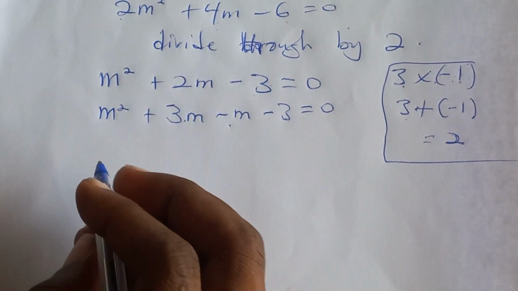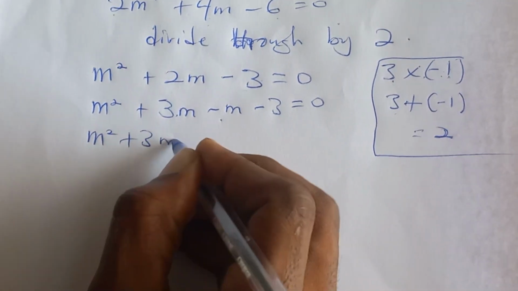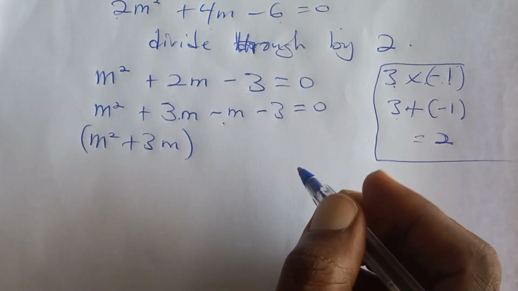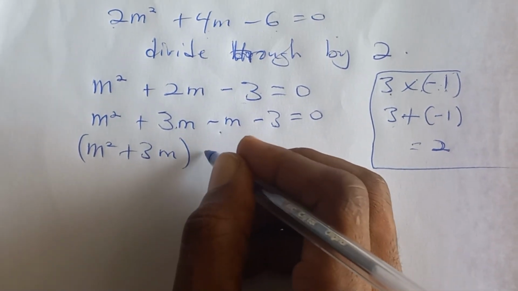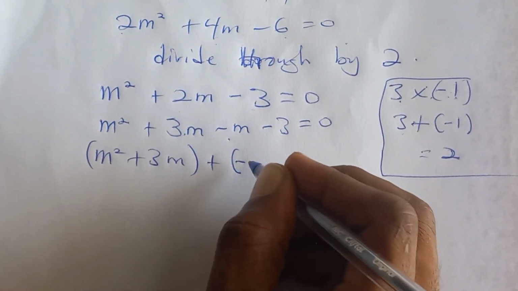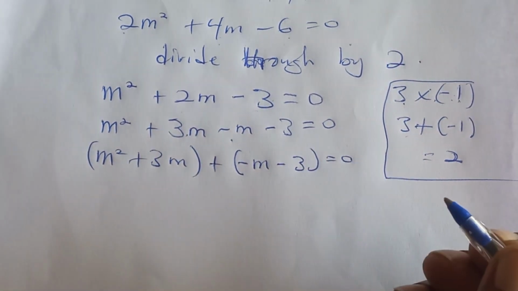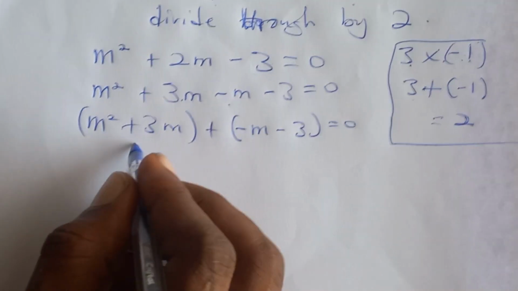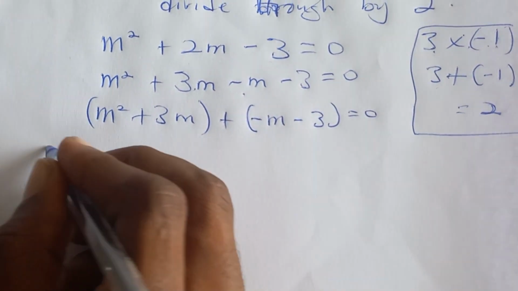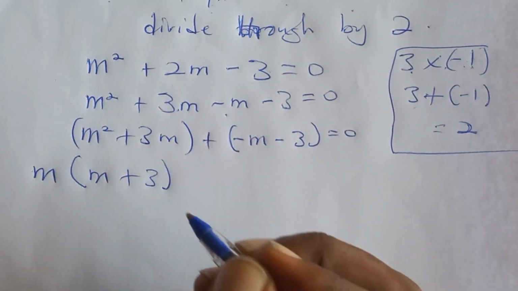Okay, so you can get m squared plus 3m in one bracket. Then you can also get plus bracket negative m minus 3 in one bracket. See? So in this case, we can factorize m out of the first bracket. So we can get m out, m plus 3.